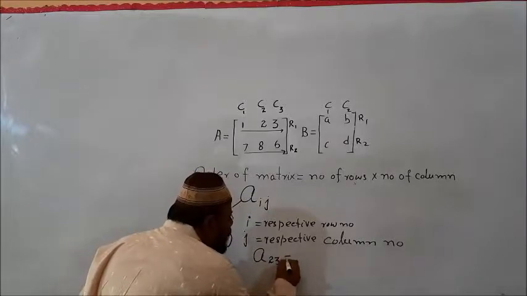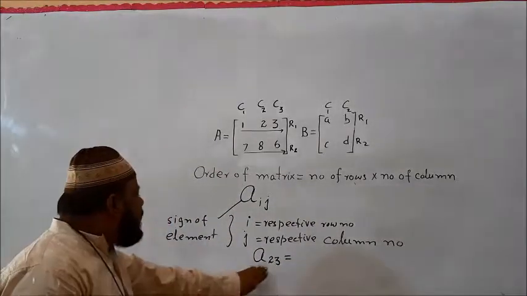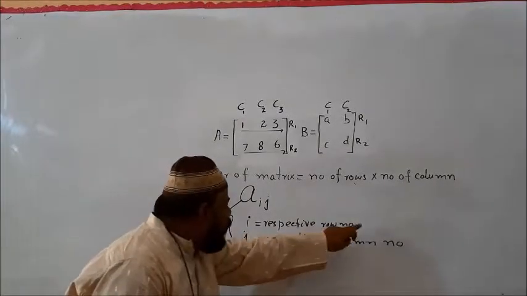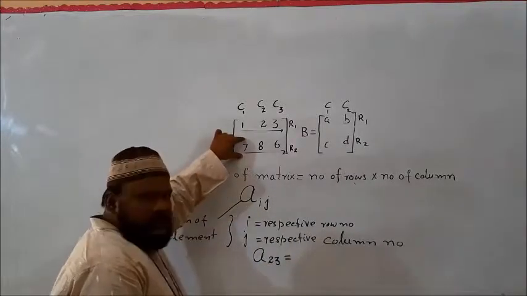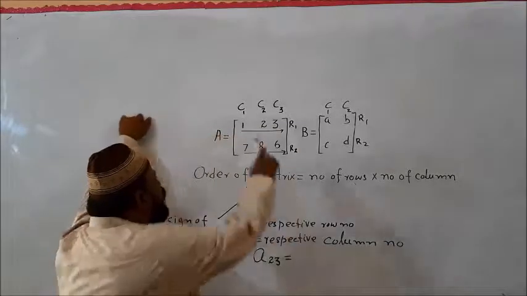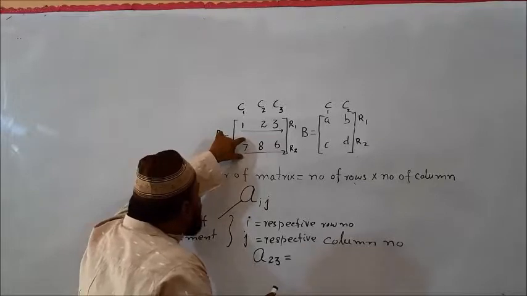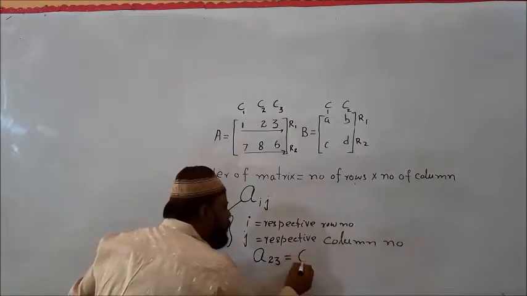For example, I wrote here A23. Look at it. Two respective row. According to this matrix, first row and second row. Come to the second row and column number 3. Column number 3, 6.